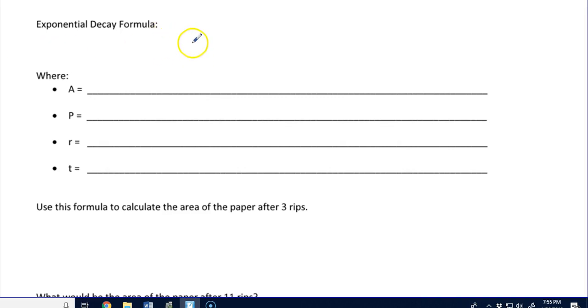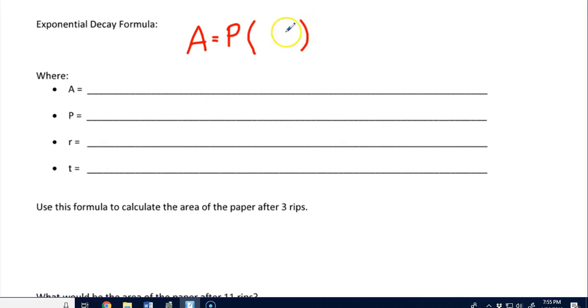So similar to our exponential growth formula, we have an exponential decay formula. We have an amount that we're generating. We start with our initial value, our principal, and we have a decay factor, a number we're multiplying by each time.